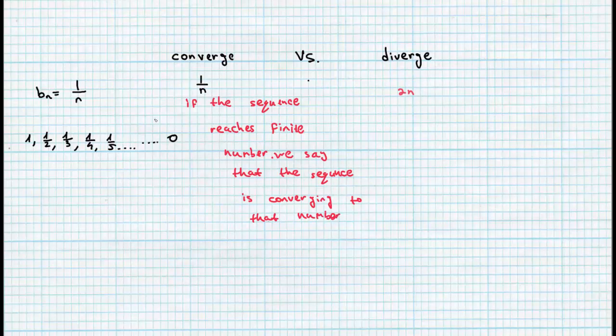In this case, sequence 1 over n is converging to 0.